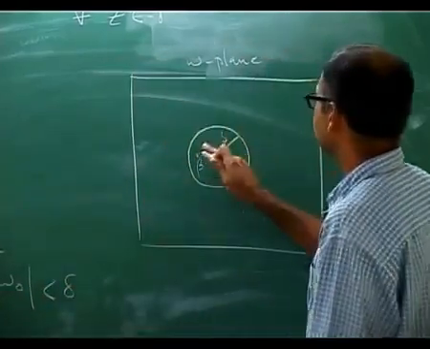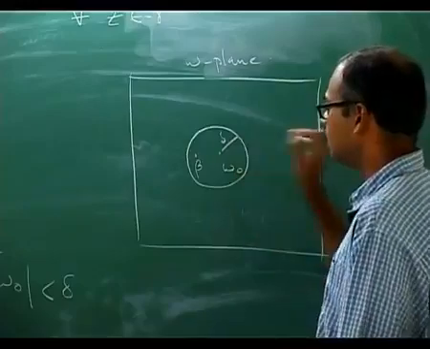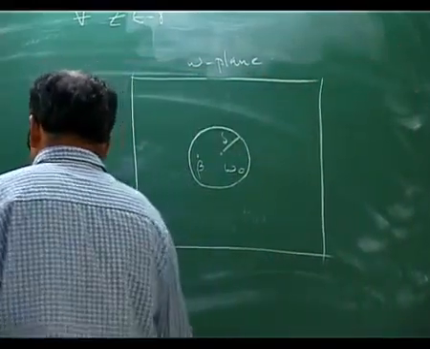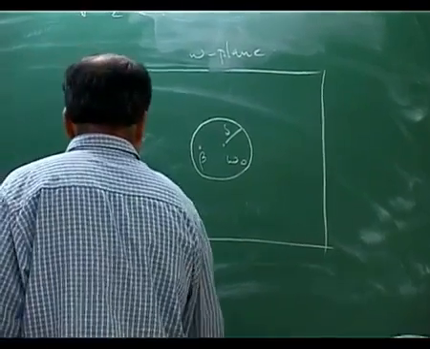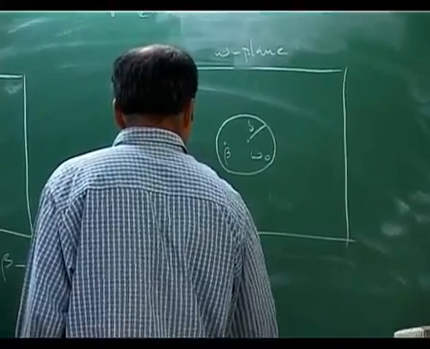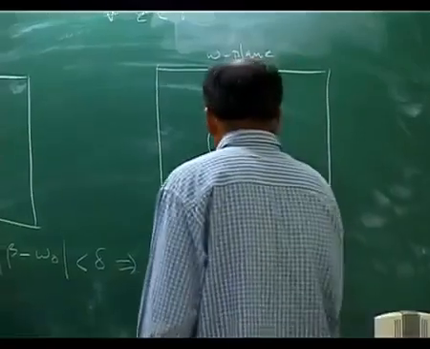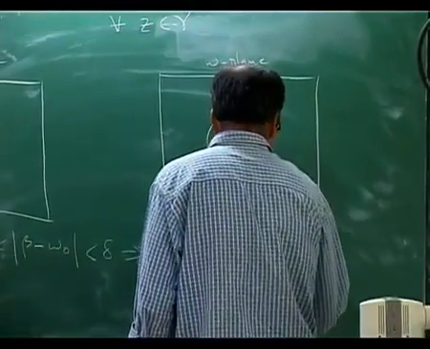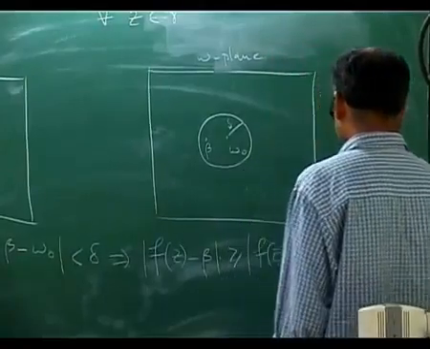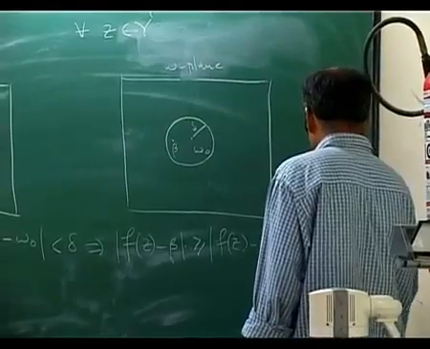Then f(z) minus beta is f(z) minus w naught minus, by the triangle inequality, beta minus w naught.